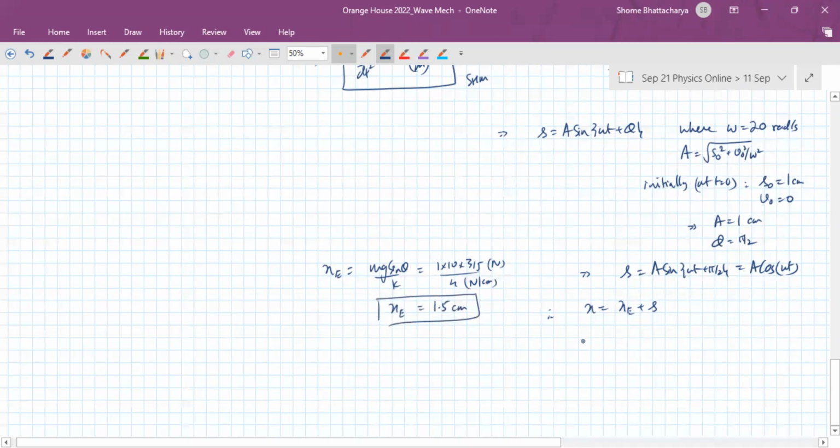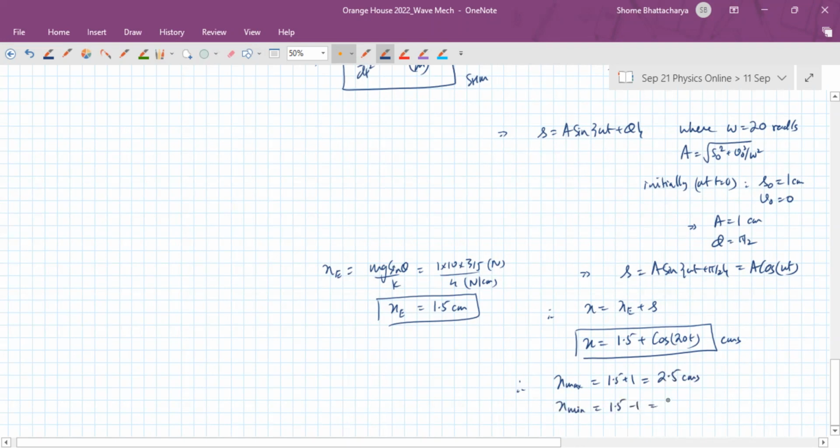So X for the equivalent spring is 1.5 plus cos 20t in centimeters. From this you can see that the maximum value of X is 2.5 centimeters and the minimum value of X is 1.5 minus 1, that is 0.5 centimeters.